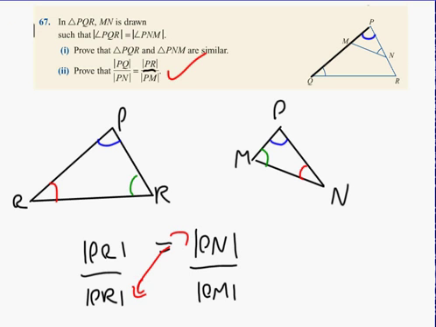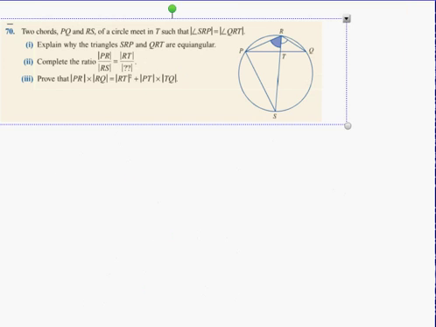That's 67 done, and now 70. 70 is a good one. If you really want something that's loaded with tricks, 70 is the way to go. It is absolutely loaded full of tricks.